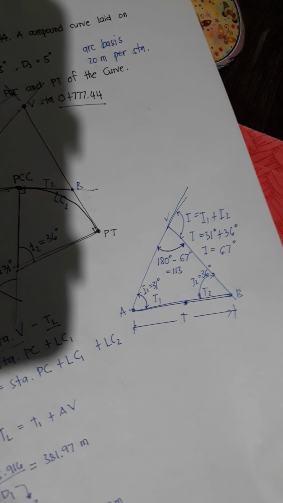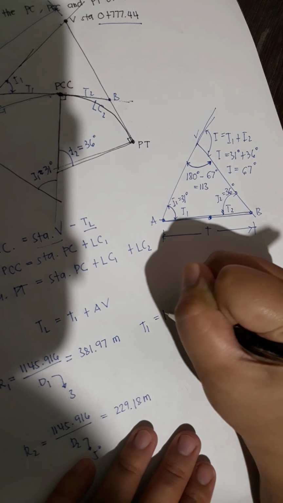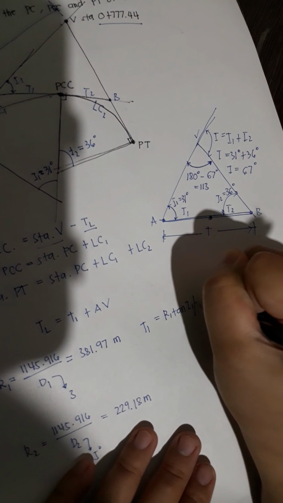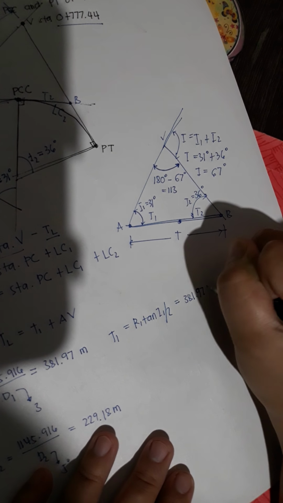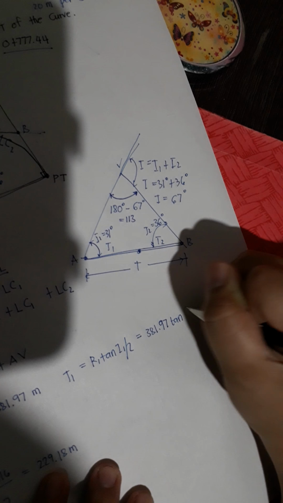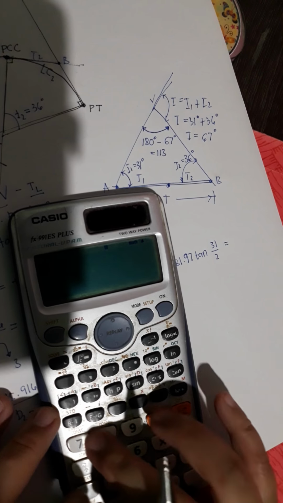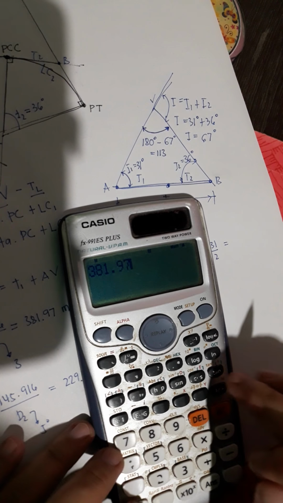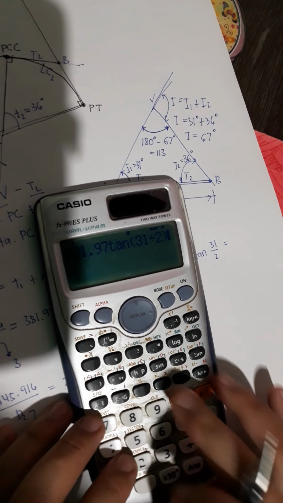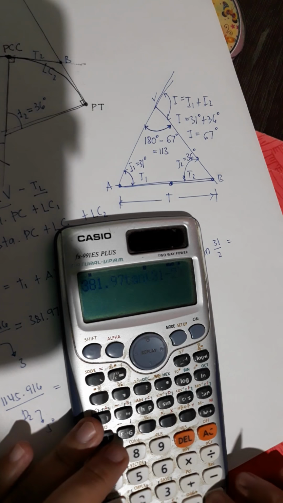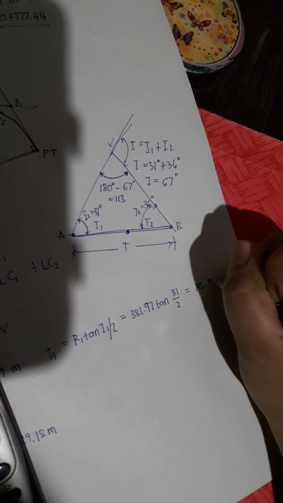What else can we do? Therefore, we have R1 and R2. We could get T1, that is R1 tangent I1 over 2. We know that R1 was 381.97, then tangent I1 was given to be 31, over 2. So T1 is 381.97 tangent 31 divided by 2, which is 105.93 meters.